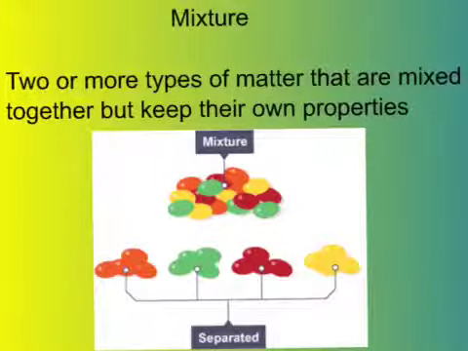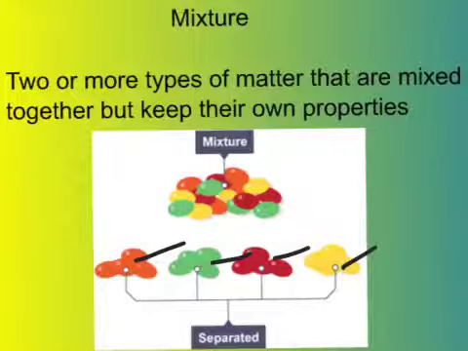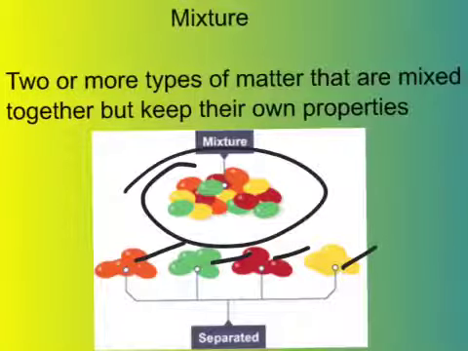Next, another way to combine them is a mixture. A mixture is when two or more types of matter are mixed together but keep their own properties. For an example, we're just going to use jelly beans because it's easy to understand. We have yellow, we have red, we have green, we have orange. When we mix them all together, we still have yellow, red, green, and orange jelly beans, but they're combined as a group.